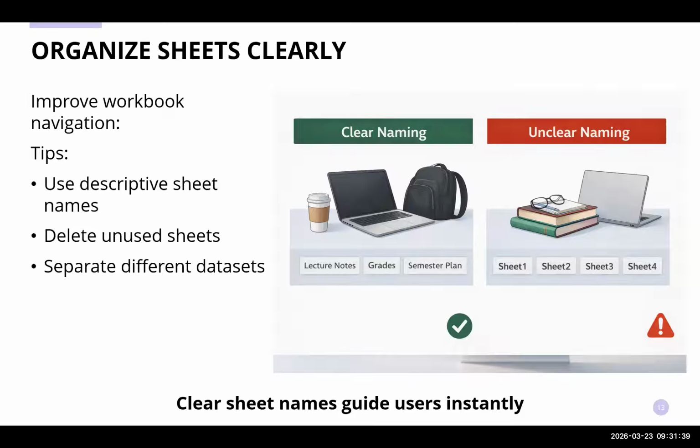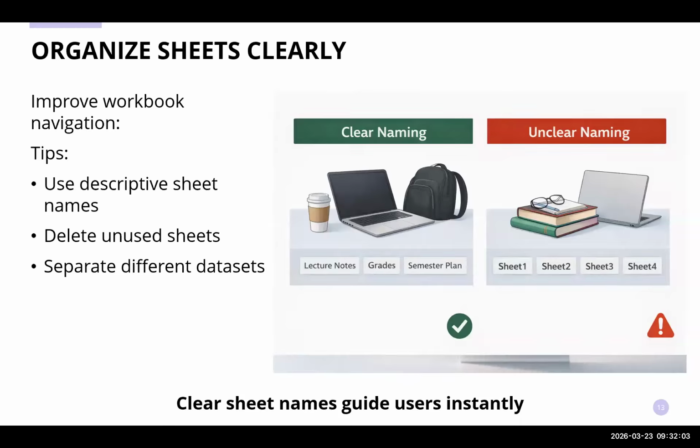Think about how often you open a workbook and wonder what each sheet contains just by looking at the sheet name, like Sheet 1, Sheet 2, or Sheet 3. It can slow you down and create unnecessary frustration because you would have to go to each sheet and check what data you're looking for.